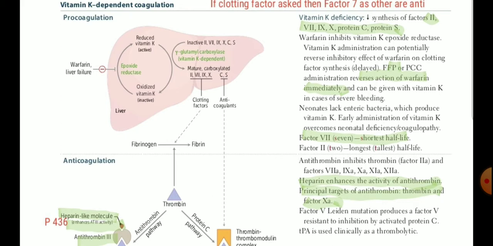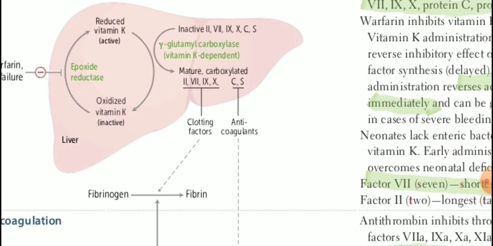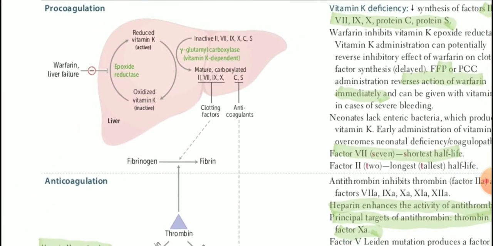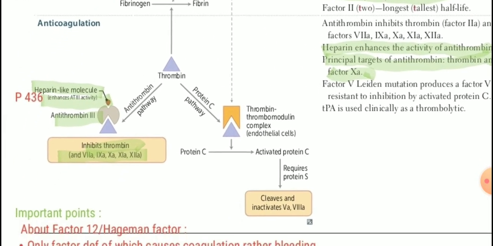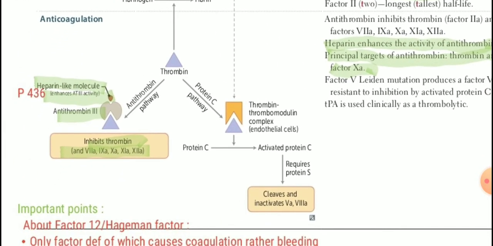So for warfarin, PT, extrinsic pathway, because of factor 7 that is involved in the extrinsic pathway, are summarized in the upper portion, and heparin related mechanism is in the lower portion.